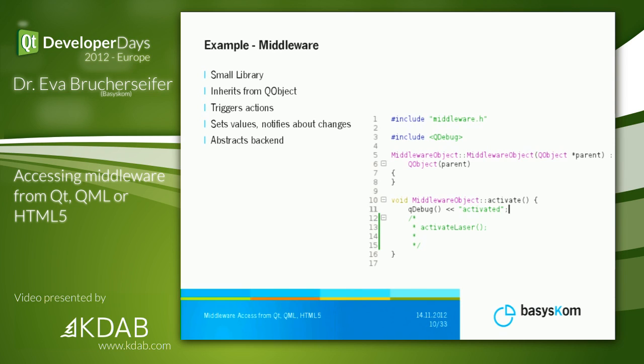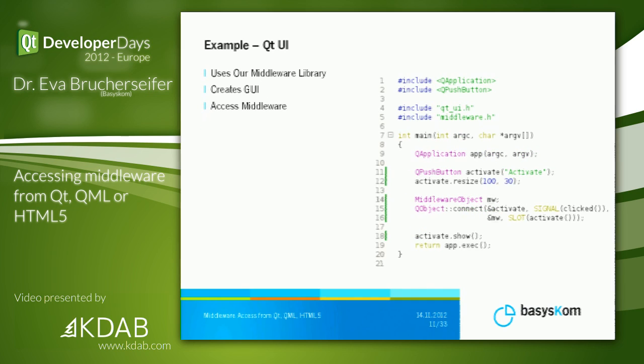We have a very, very small and basic snippet called middleware object with an activate method, or an activate slot, that you can call from your GUI. The graphical user interface is just the main method here with a QApplication and a push button.